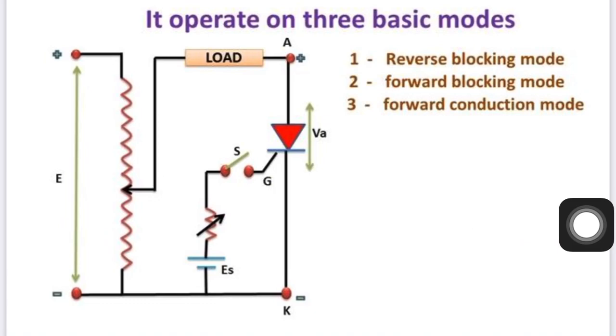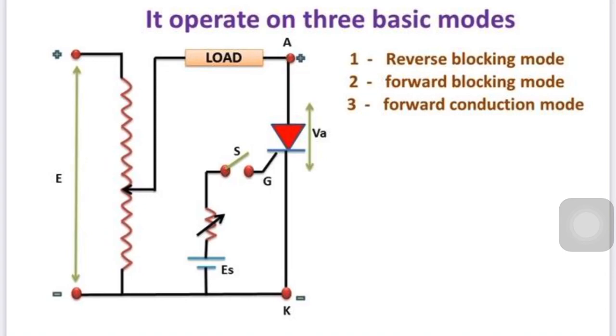For understanding static characteristics, they are divided into 3 sections. First is the reverse blocking mode, second is the forward blocking mode, and third is the forward conduction mode. That is simply the characteristics of the SCR. We can understand that characteristic step by step. Before that, as we increase the anode to cathode voltage above 0, a very small current flows through the device.